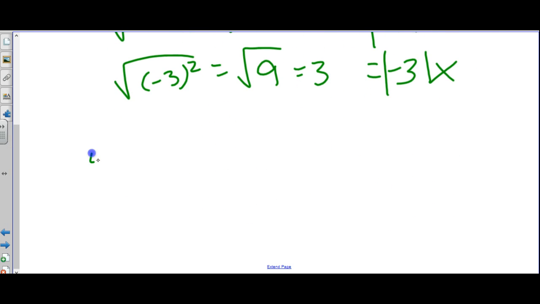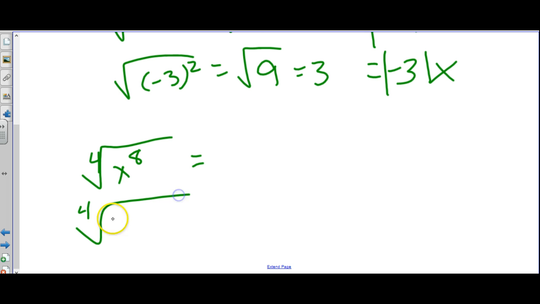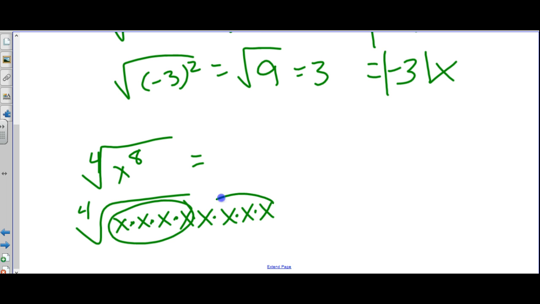For example, if we did 4th root of x to the 8, we would have x times x times x, 3, 4, 5, 6, 7, 8, and they all really have multiply signs between them. We have groups of 4. All of them except one get canceled out.